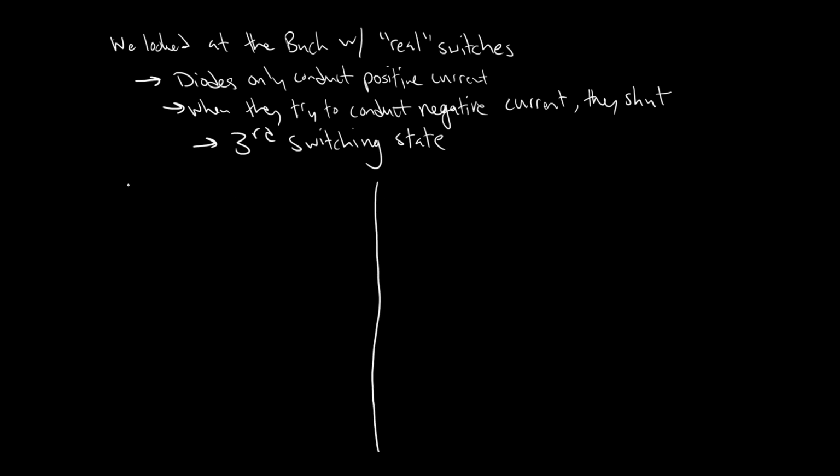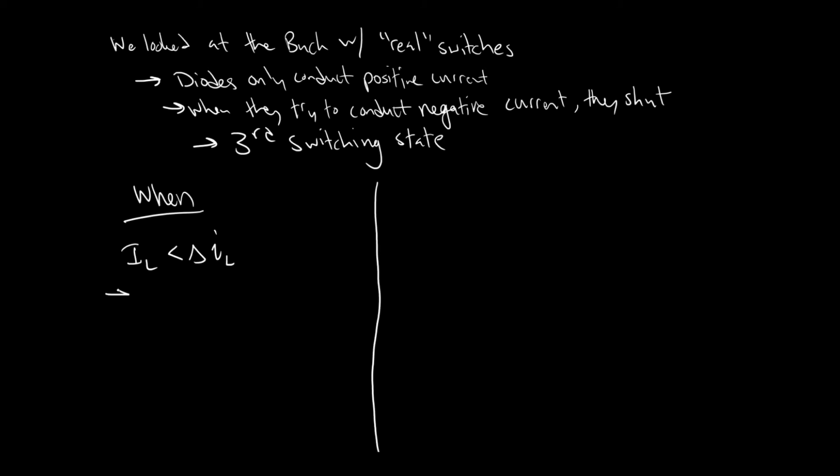On the one side, we looked at when this happens. To do that, we looked at IL is less than delta IL. It turns out that this condition, looking at the inductor current, makes sense when there's one inductor.